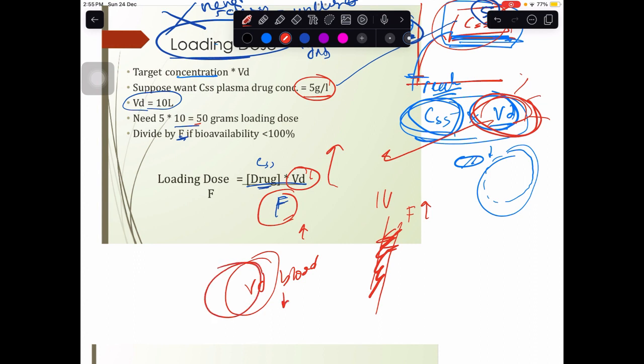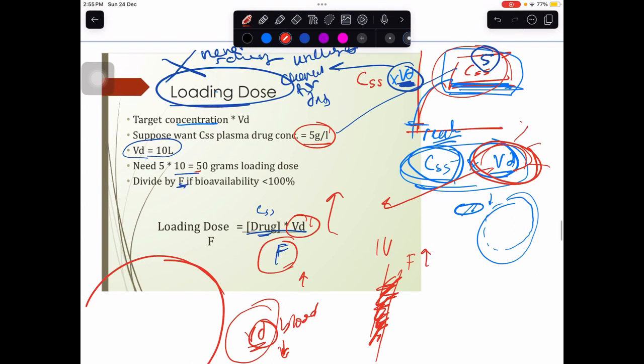Again, if you are not familiar with the idea of VD, please watch the video because it will make it much more understandable. If it's mostly in the blood, the VD will decrease, because it's the volume of distribution, how much is distributed. So if it's mostly in the blood, then it's not really distributed. Anyways, you don't have to confuse yourself with this, but this is just to make you understand the concepts.